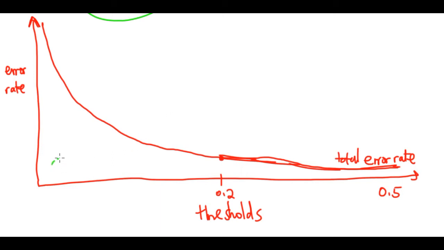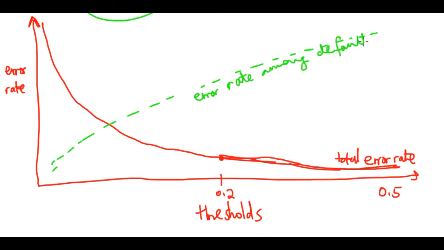Then you can have this as well. This is going to be the error rate among defaulters.